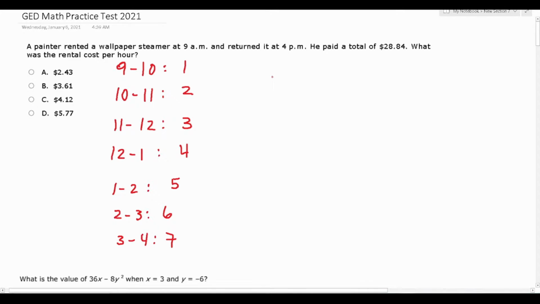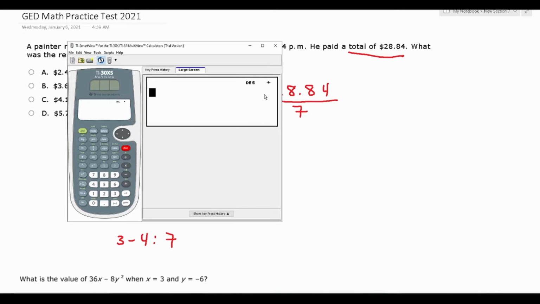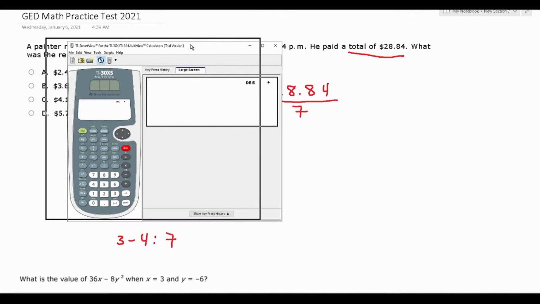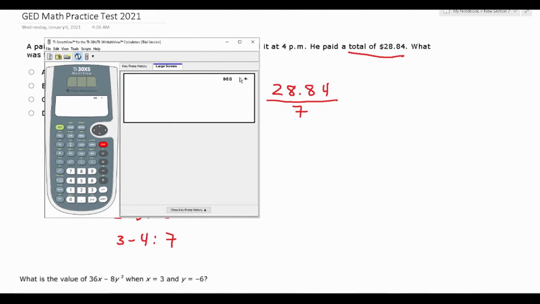In order to figure out the rental cost per hour, we're simply going to take this total and divide it by 7. So that looks like this, 28.84 divided by 7. And fortunately enough, we are allowed to use a calculator for this part of the GED Math test.